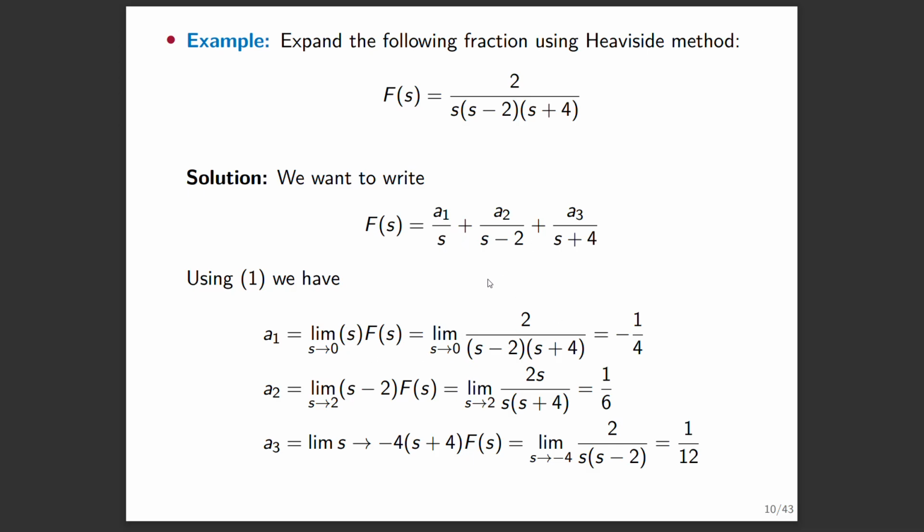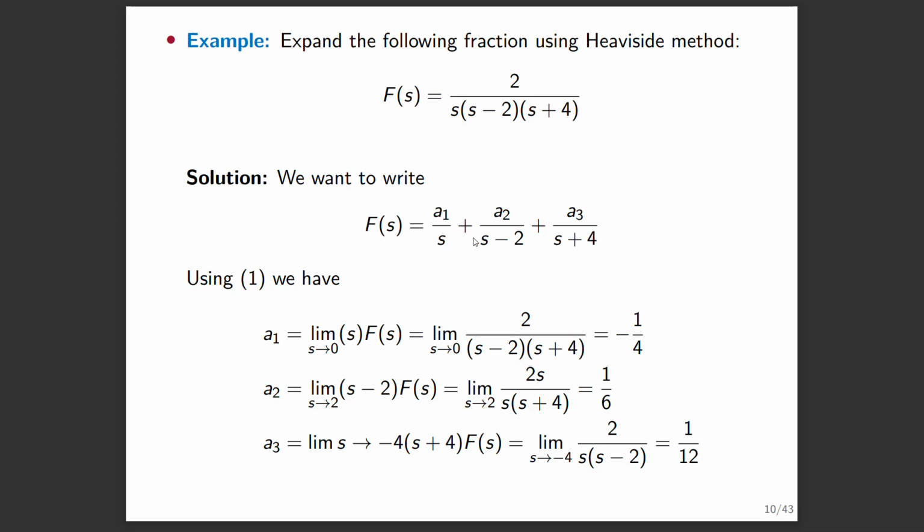Now try yourself, before I solve it, to find a2 here. How can I find a2? Well, a2 is the numerator of the term with s minus 2 in the denominator. So I imagine s minus 2 doesn't exist. I imagine I have 2 divided by s times s plus 4.